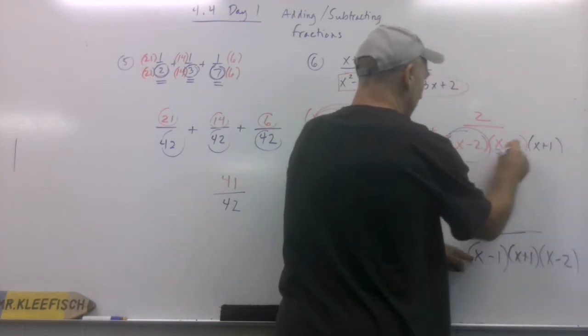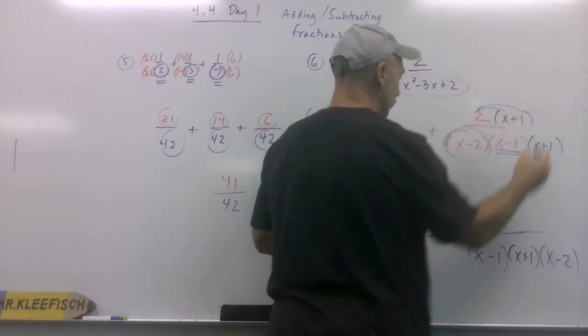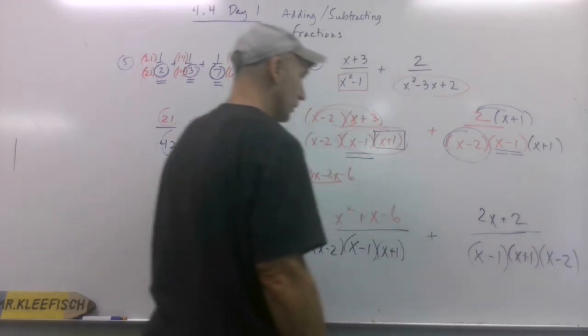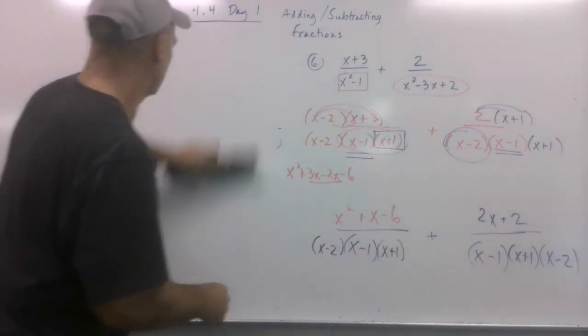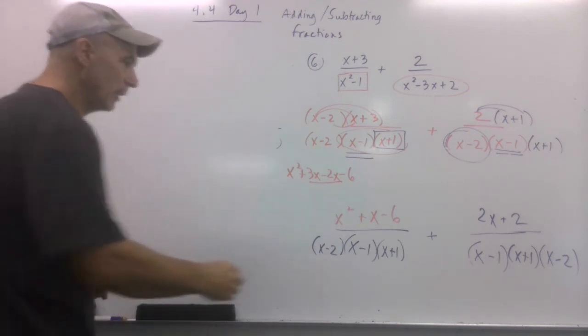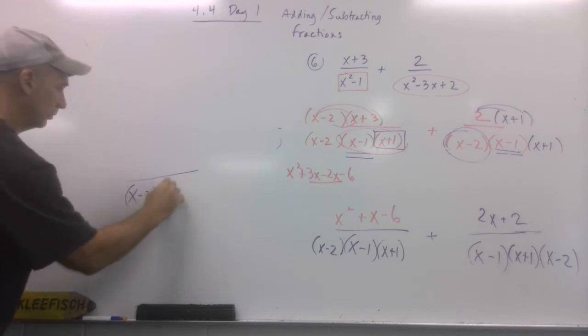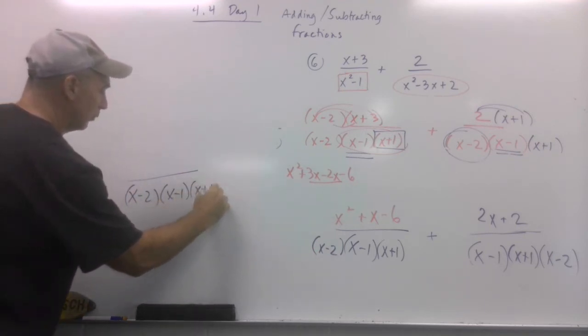You don't need to multiply all this out. And then you do the same thing with the top. Distribute 2x plus 2. So I'm running out of space, so I will put my answer over here somewhere. I got common denominators, x minus 2, x minus 1, x plus 1.